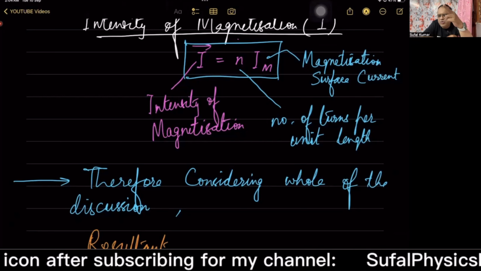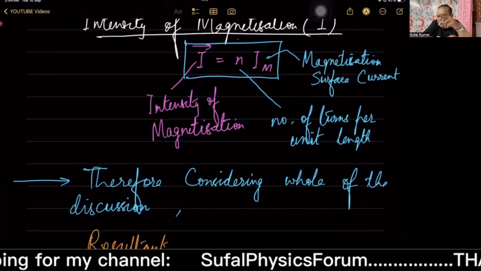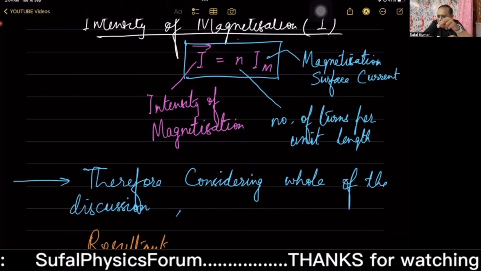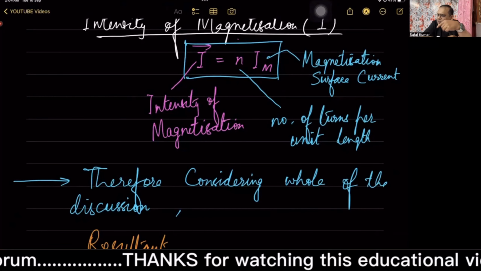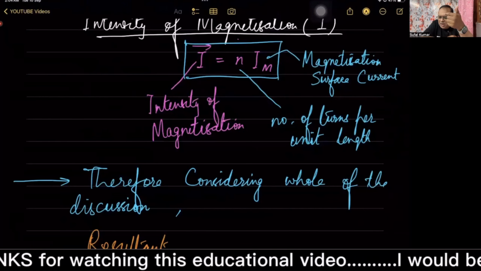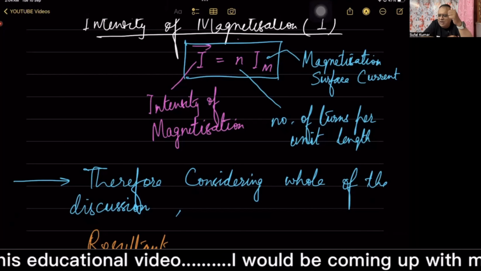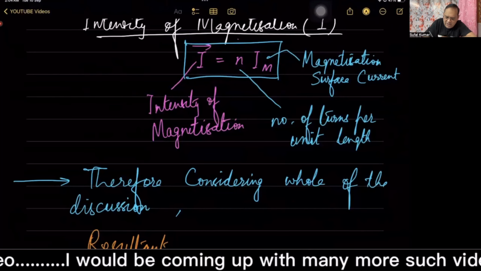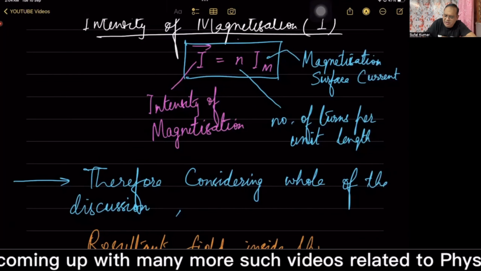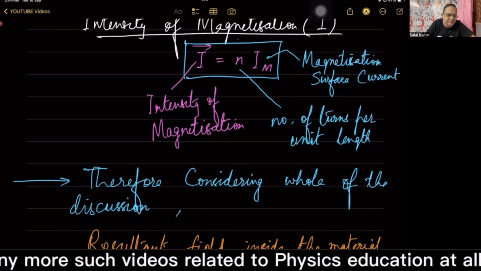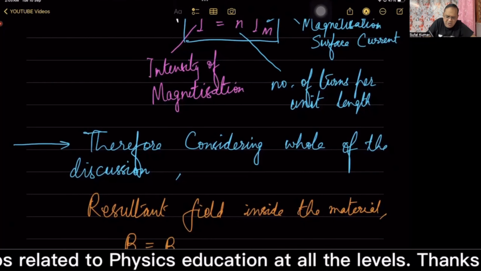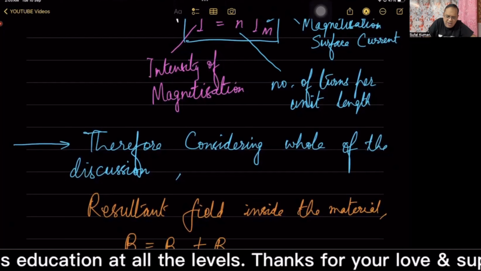We experienced two types of fields. For vacuum, B naught. For medium, Bm. So now we would be going for net field, the resultant field inside the material. B is equal to B naught plus Bm.